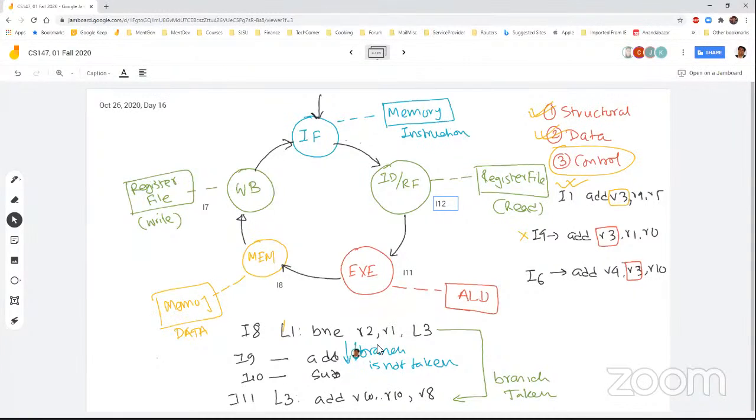In fact, my next instruction should have been I9 instead of I11. So what we do in this case is we purge the pipeline for 2 cycles.